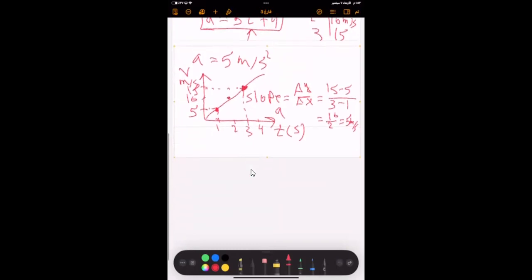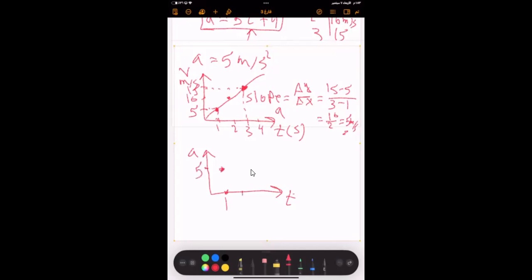Okay. Now, if we wanted to draw the acceleration-time graph, what will we have? Now a is constant for each time. For t equals 1, a will equal 5.